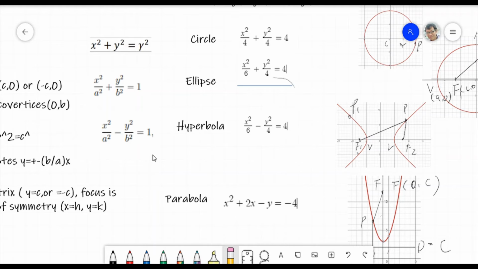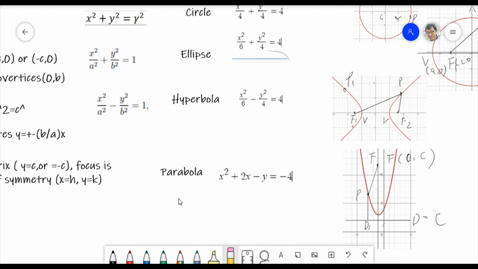Last graph is the parabola. The parabola has only one side. If you look at the parabola and the hyperbola, it seems like the parabola is just one part, right? The difference is that a parabola doesn't have both squares of x and y. It has either x squared or y squared.